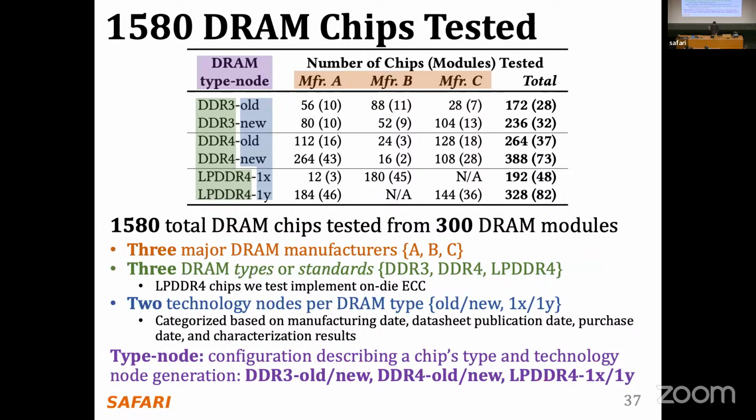So this work specifically investigates DRAM chips across multiple generations: old DDR3 chips, new DDR3 chips, old and new DDR4 chips, and very dense LPDDR4 chips that are in the tens-ish nanometer process node. They investigate chips from all three major DRAM manufacturers.